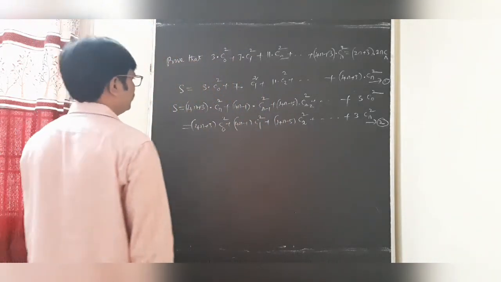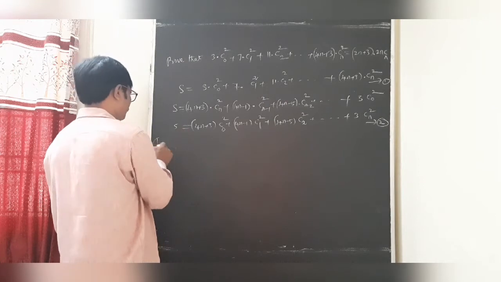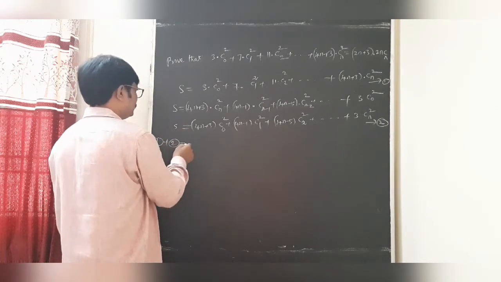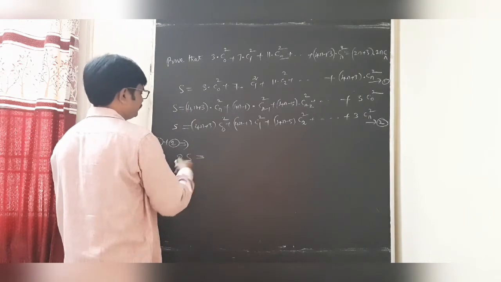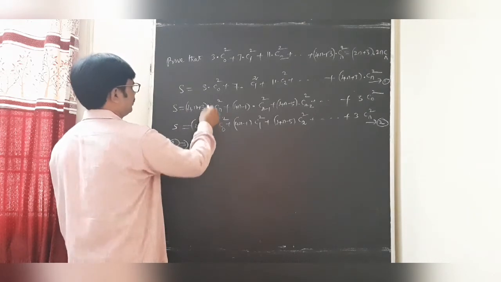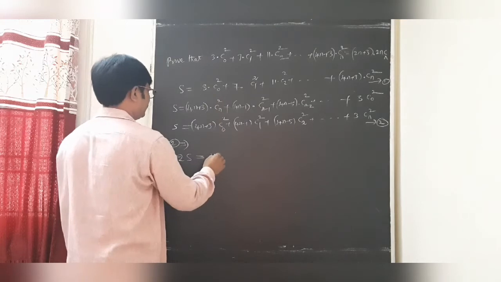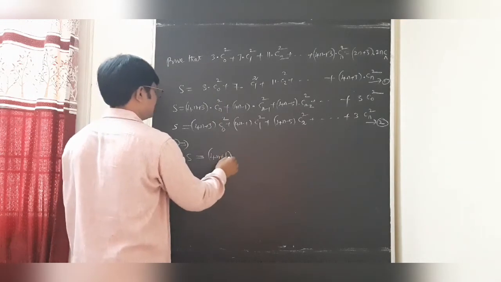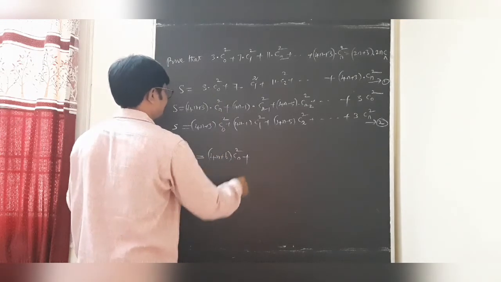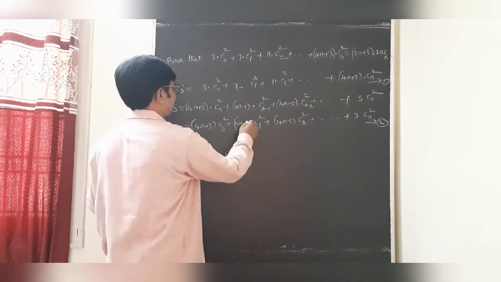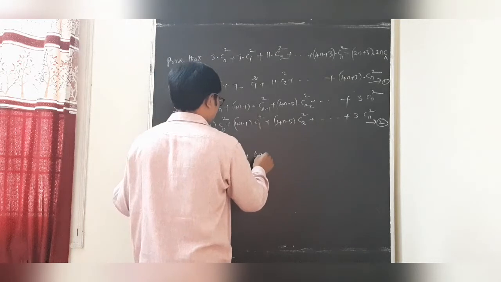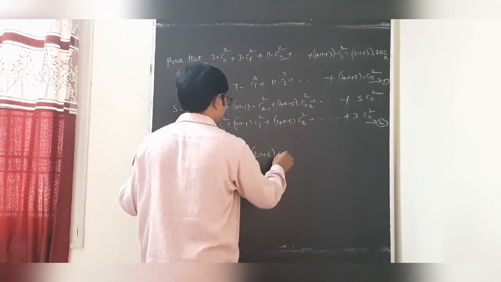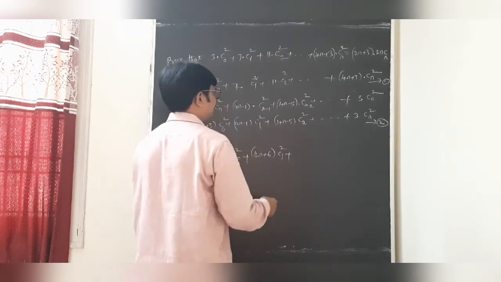Now students, how can you write? This is 1 plus 2. That implies S plus S is 2S. Dear students, (4n plus 3) plus 3, that is (4n plus 6), into C0 square. After that, this is minus 7 plus 1, minus 1 plus 7, this is also (4n plus 6) into C1 square.